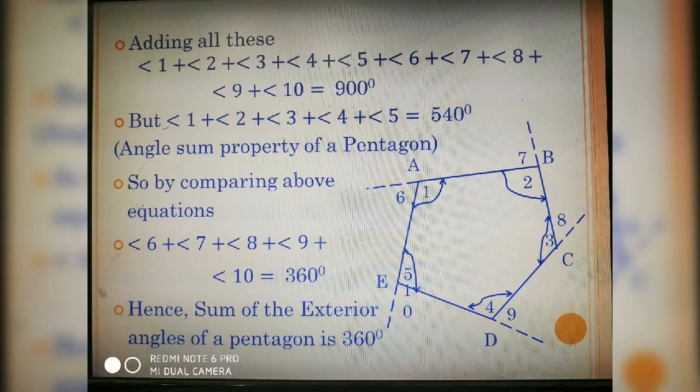That means angle 1 plus angle 2 plus angle 3 plus angle 4 plus angle 5 is equal to 540 degrees. By comparing the above two equations, we get angle 6 plus angle 7 plus angle 8 plus angle 9 plus angle 10 is equal to 360 degrees. Hence the sum of the exterior angles of a pentagon is also 360 degrees.